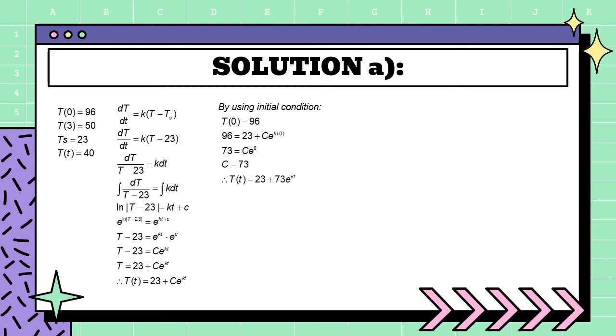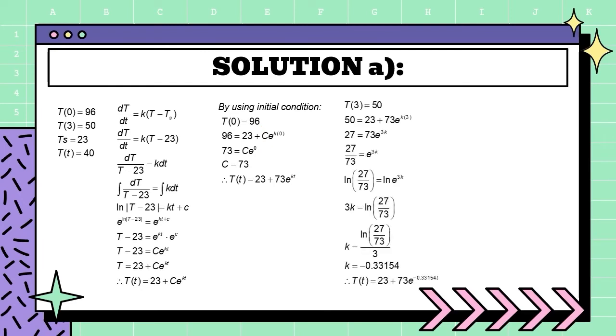By using the initial value, T0 equal to 96, we can find the value for C, where we substitute t equal to 0 in the equation T(t) and equate it to 96. So we get C equal to 73, and T(t) equal to 23 plus 73 e to the power of kt.